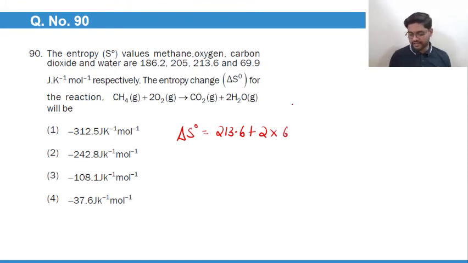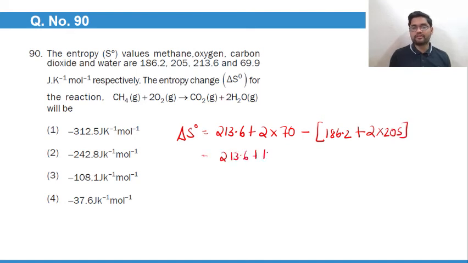Let us take it 70 directly. Minus entropy of CH4, that is 186.2, plus entropy of oxygen, that is 205. So 2 into 205.